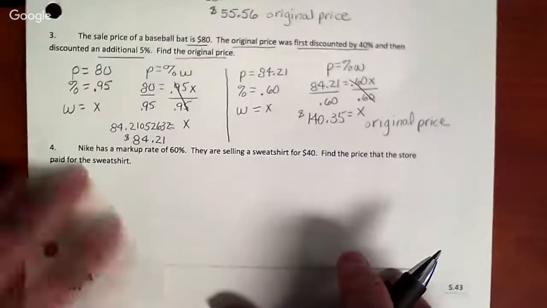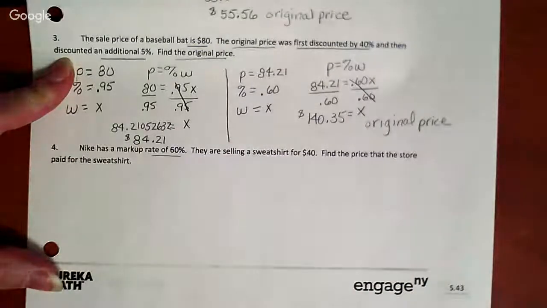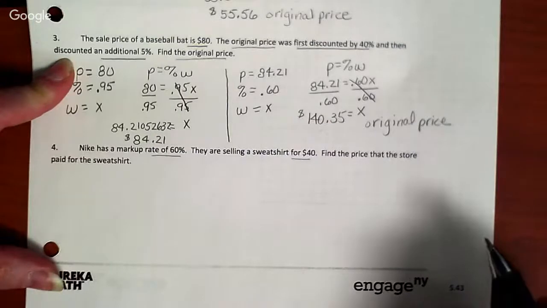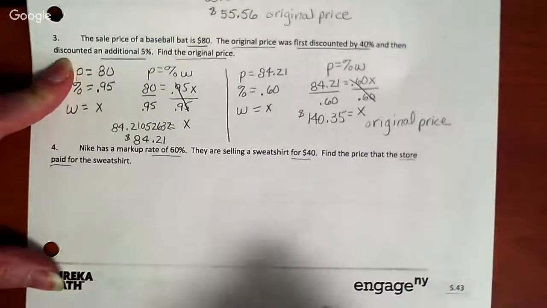All right, and our last one: Nike has a markup rate of 60%. They are selling a sweatshirt for $40. Find the price that the store paid for the sweatshirt. So here we go.